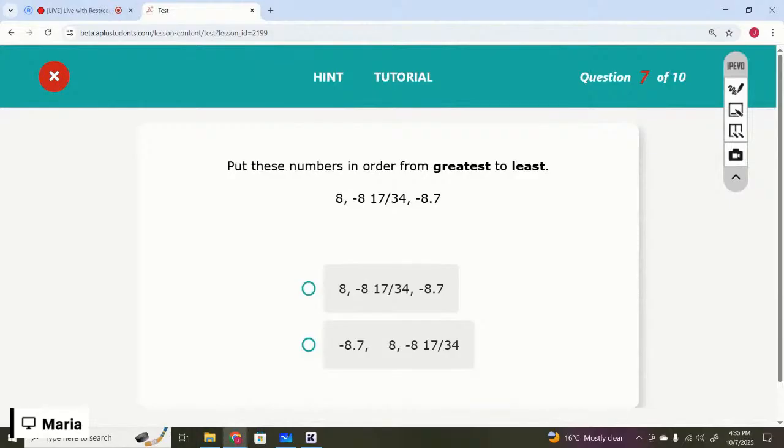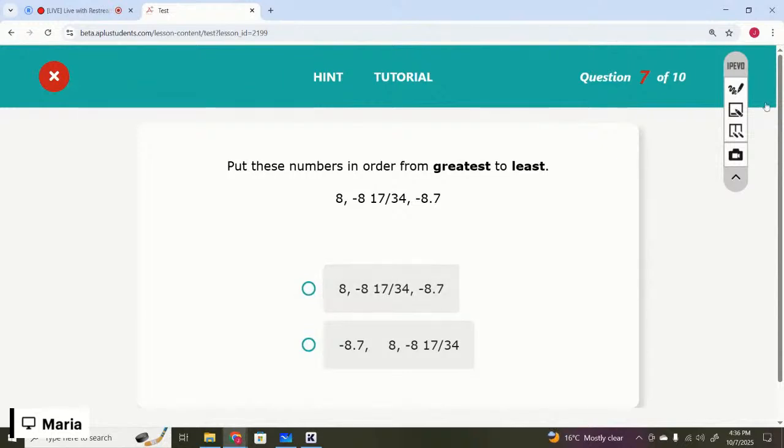Put these numbers in order from greatest to least. Greatest to least.